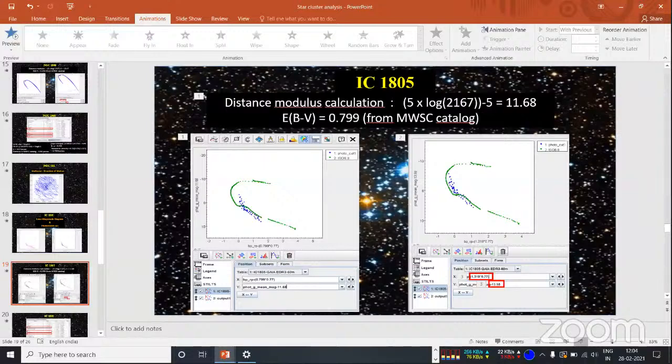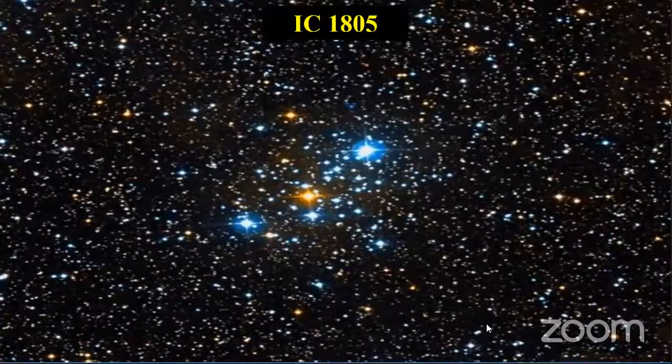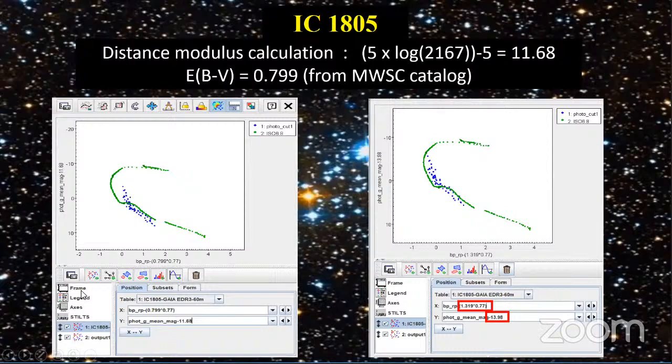After final tweaking, I found the final reddening and distance modulus values. Then I took those and calculated the distance to IC 1805.